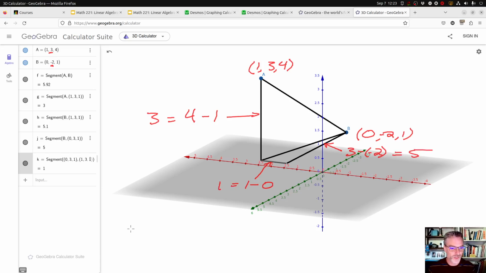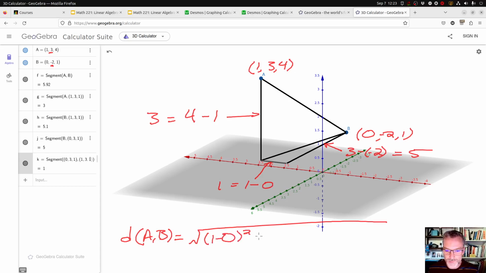So if I want to find the distance between these 2 points, watch what it looks like in practice. I just have to apply a higher dimensional Pythagorean theorem to these guys. So I could take the first one I have here, square that, plus this one over here, square that, plus this, squared.